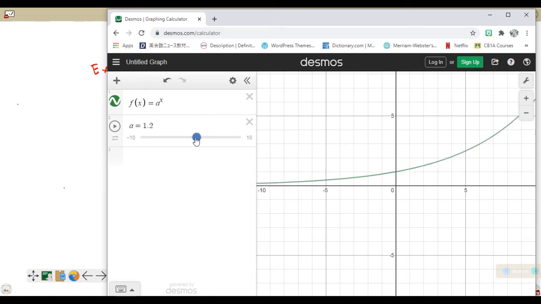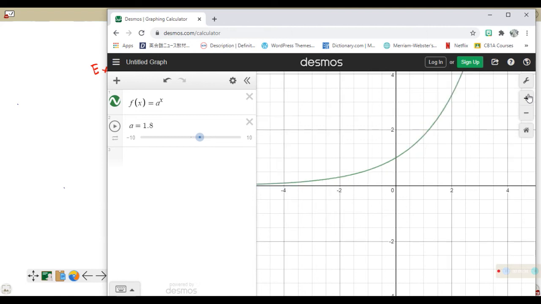For our base a, this is how your graph will look like. Para siyang curve that rises from the left to the right.